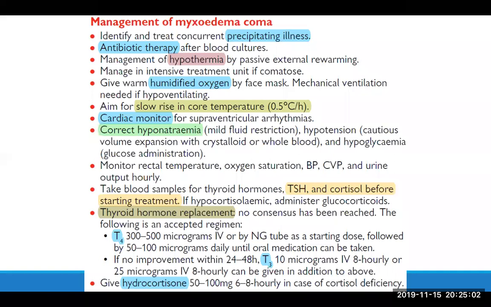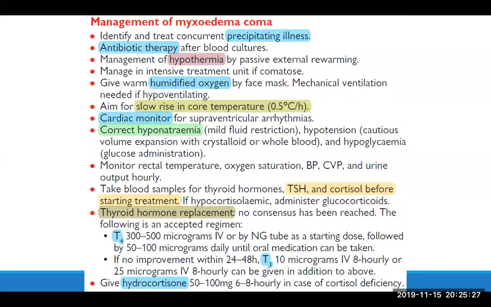If hypocortisolemia, administer glucocorticoid. Thyroid hormone replacement is mainly by levothyroxine T4. This is the dose: 300 to 500 microgram intravenous. If not available, we can give it by nasogastric tube as a starting dose, followed by 50 to 100 microgram daily until oral medication can be taken.